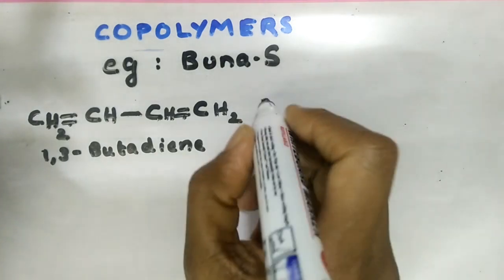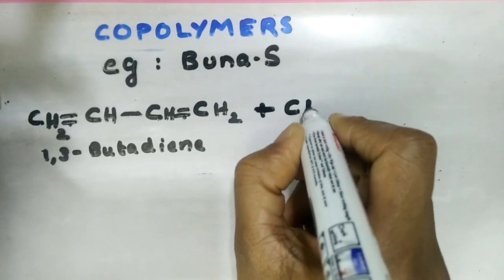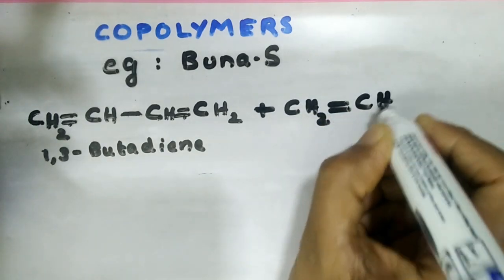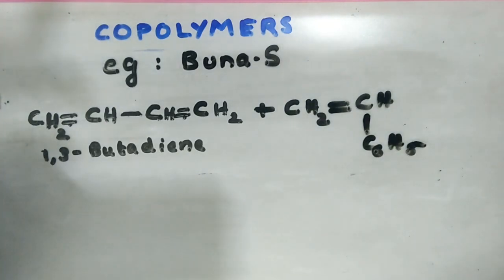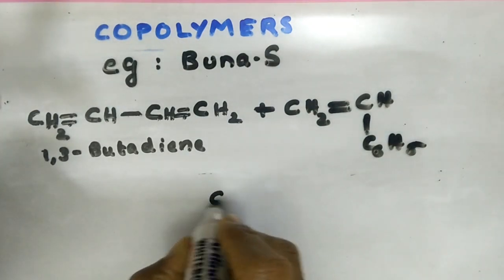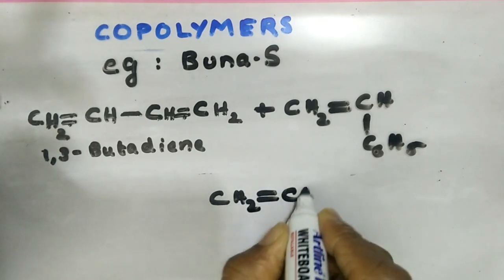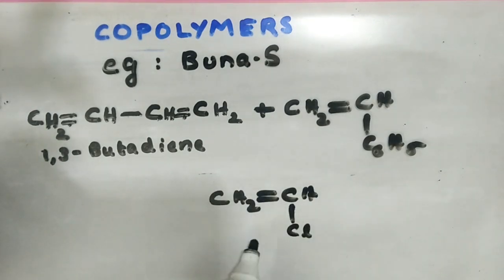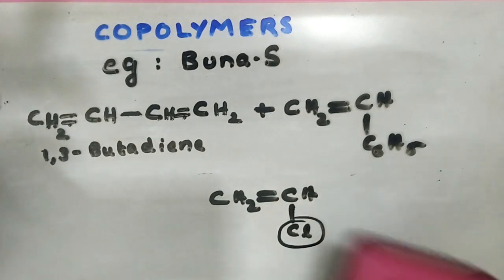Plus styrene. Styrene, we have to study, that is CH2=CH-C6H5. Vinyl group, like in PVC, vinyl, that is CH2=CHCl. This is vinyl. Like that, instead of writing chlorine, you have to write a benzene ring. So you get styrene.